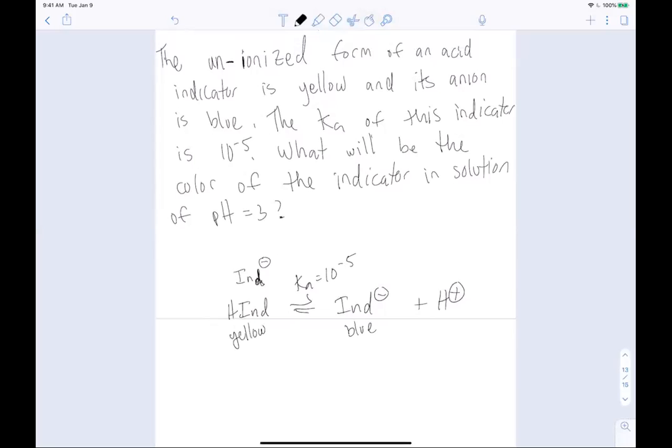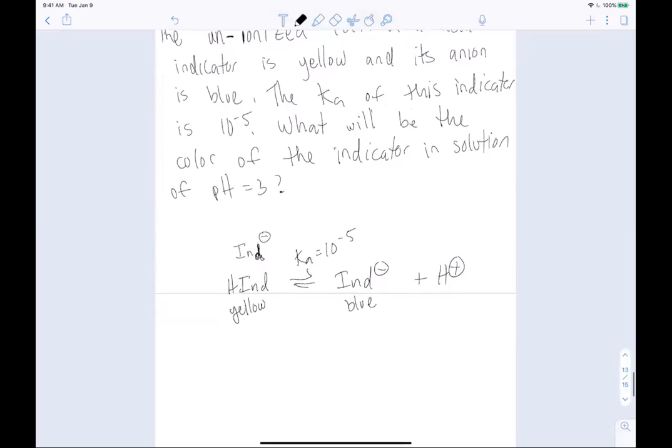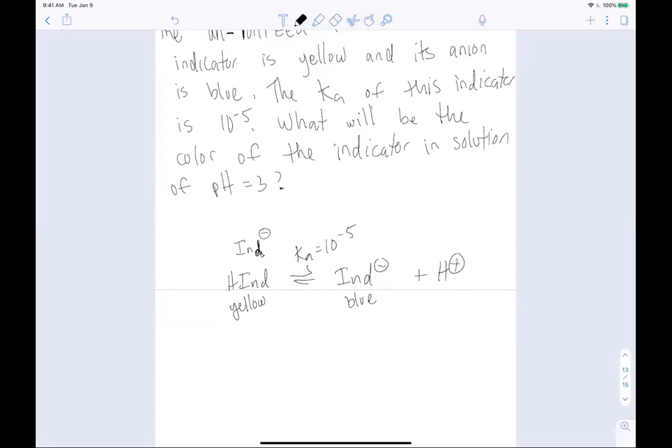A pH indicator is like a pool test, where you're looking at a color change. This is what they're based off of. It's just the idea that the indicator's acid dissociation constant hovers around whatever that pH is. So we need to take this and figure out a way to relate it to the pH.